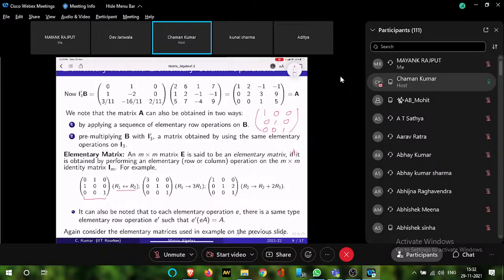You apply this operation, replace R1 by 3R1. So you get 3 0 0, 0 1 0 and 0 0 1. Okay, so this matrix is also obtained by a single operation, that is 3R1 on the identity matrix. And similarly, you apply R2 plus 3R3 on the identity matrix.